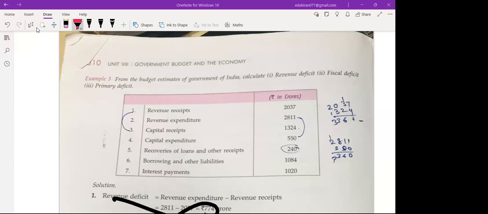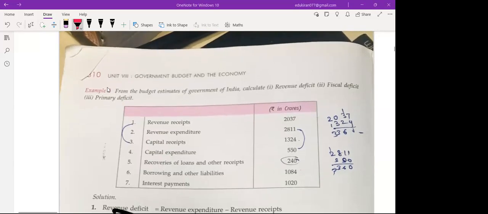From the budget of the Government of India, calculate the revenue deficit and fiscal deficit. Okay, done. You got it? How to do the things?